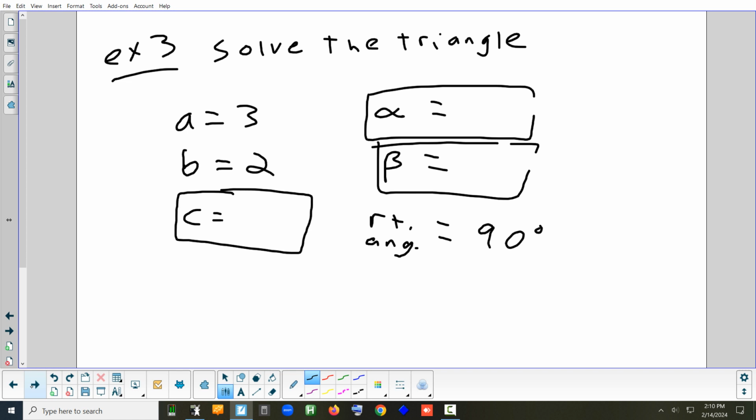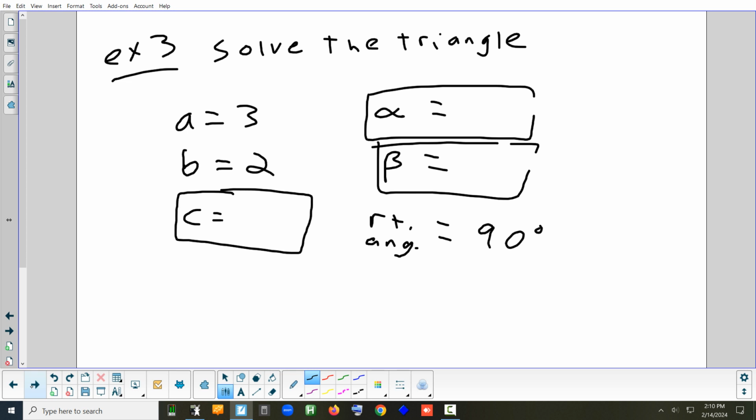I still don't ever want you to use something that you found, because it could be wrong. Why do you think I'm okay with using the Pythagorean theorem this time?